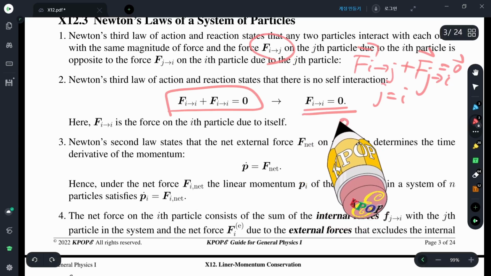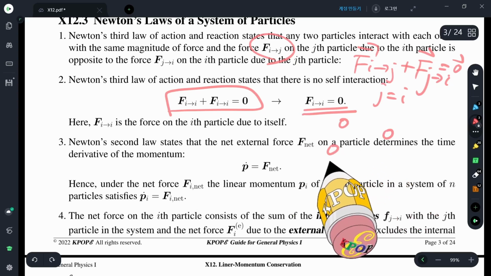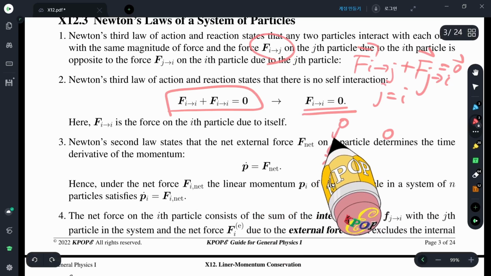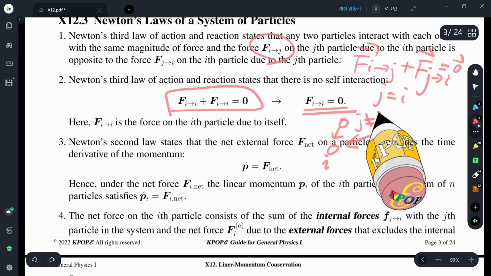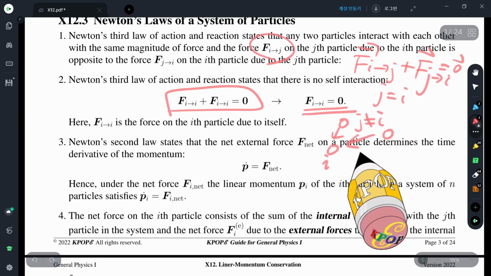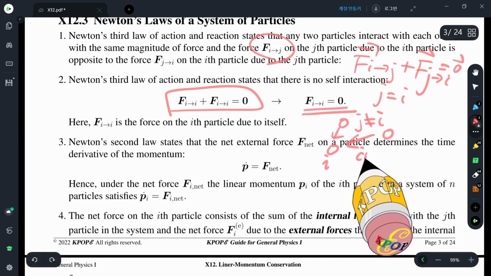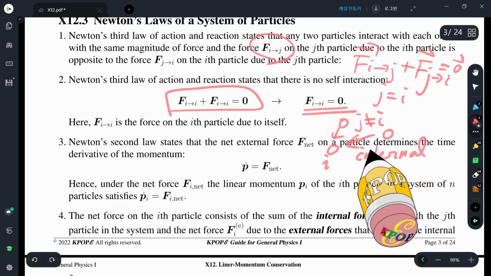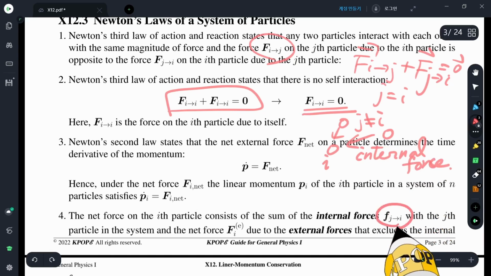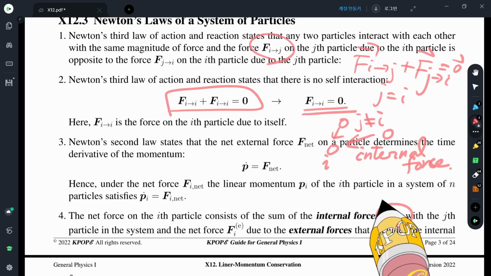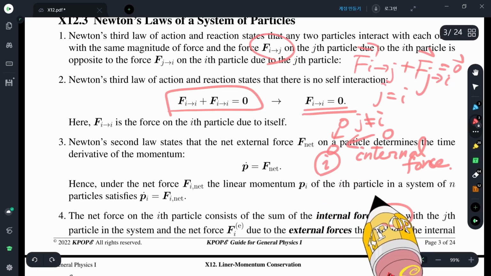Therefore, if there are many particles, a single particle, the ith particle, receives force from other particles j that is not equal to i. That is called internal force. The internal force on the ith particle is the sum over j that is not equal to i.